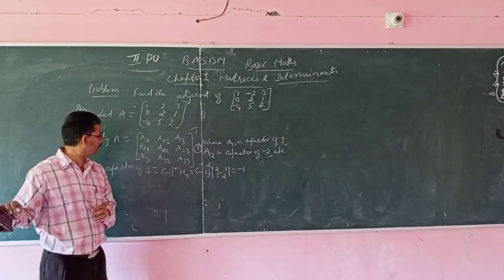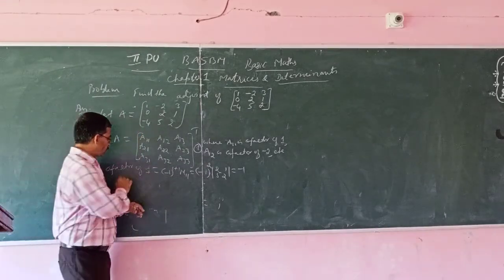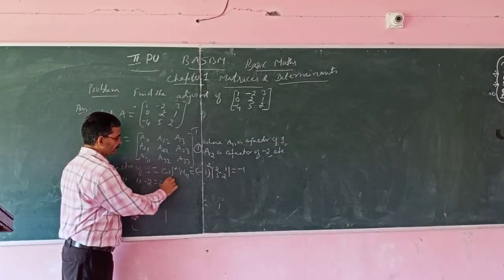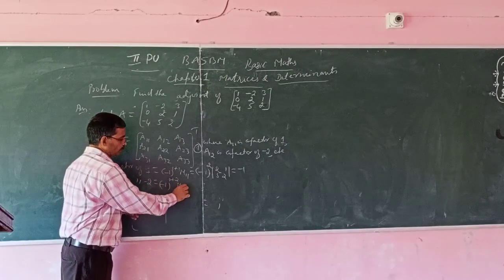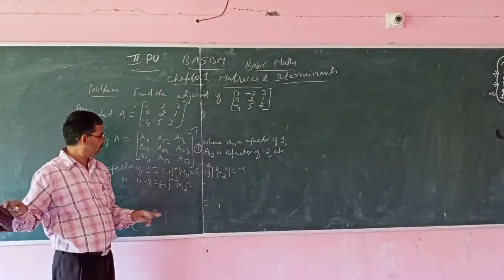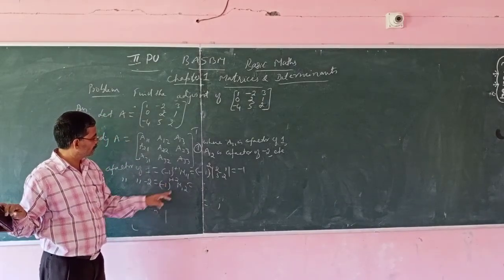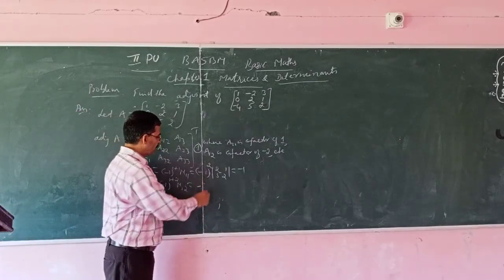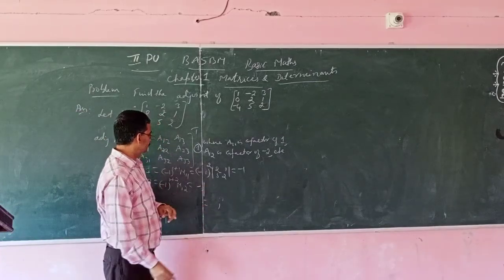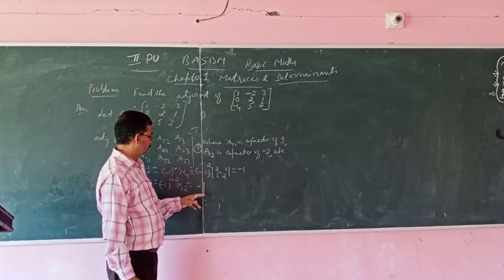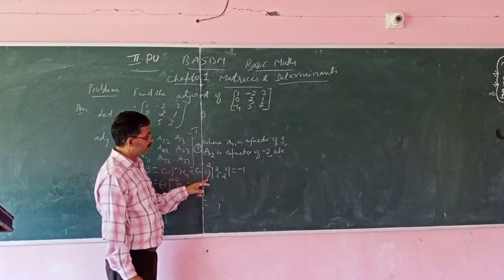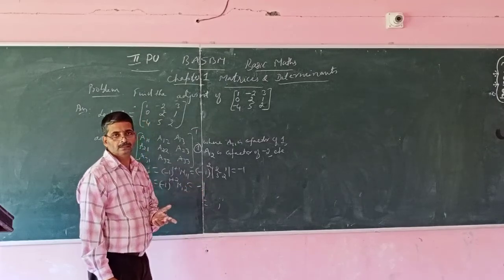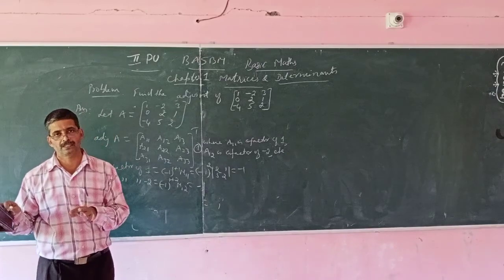Like this you have to calculate the cofactor of the elements. Cofactor of minus 2 equals minus 1 to the power 1 plus 2 times M12. This is nothing but minus sign. Remember, odd power means minus, even power means plus.